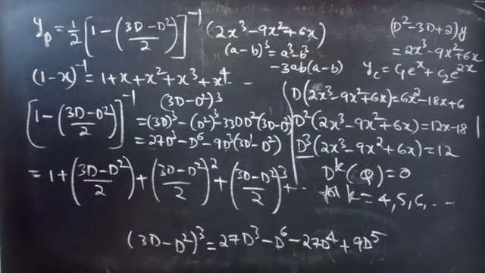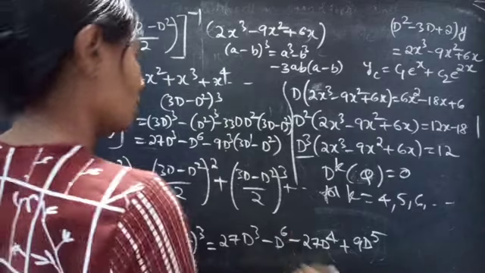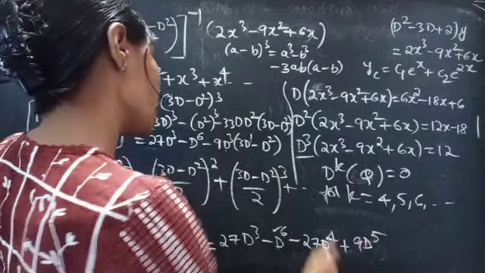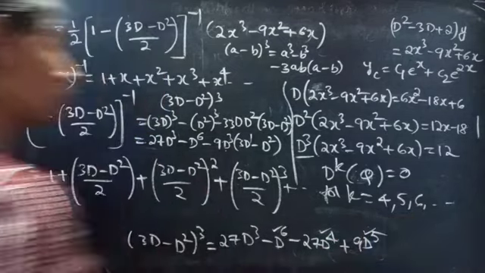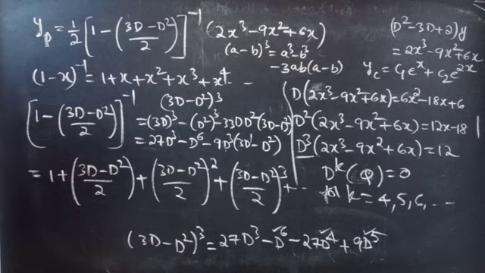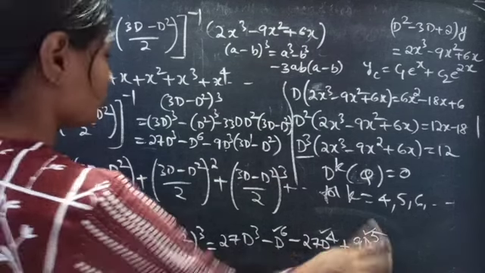So you are getting higher derivatives, d power 6, d power 4, d power 5, which have to be eliminated or neglected. Okay, just neglect these three terms.